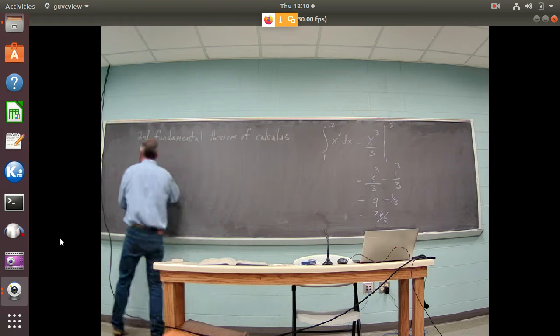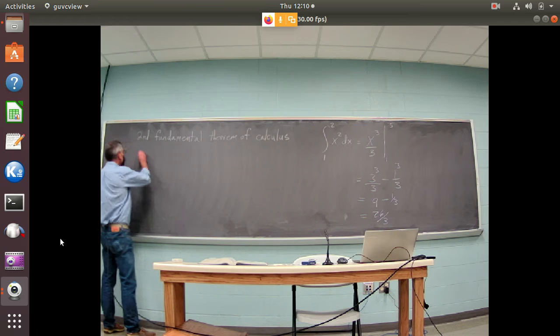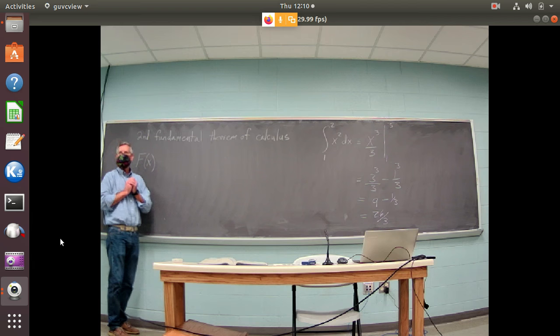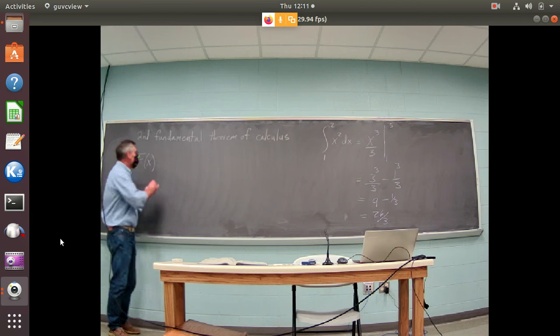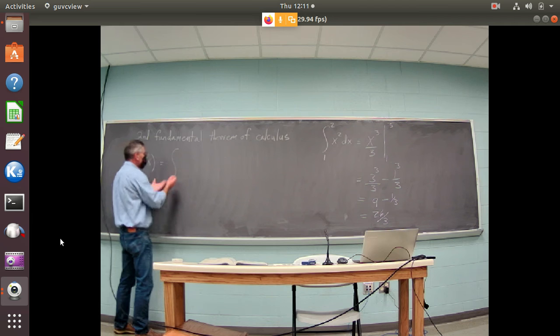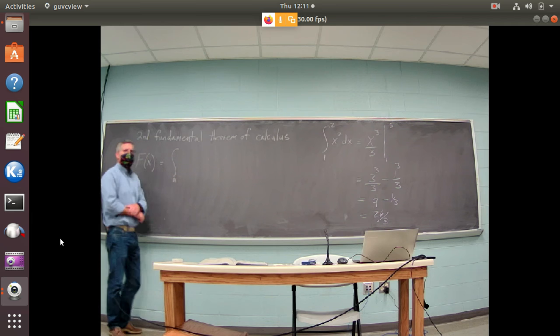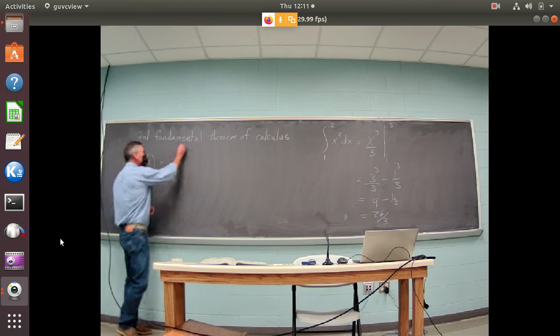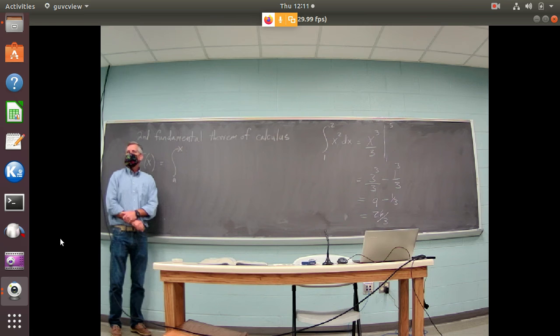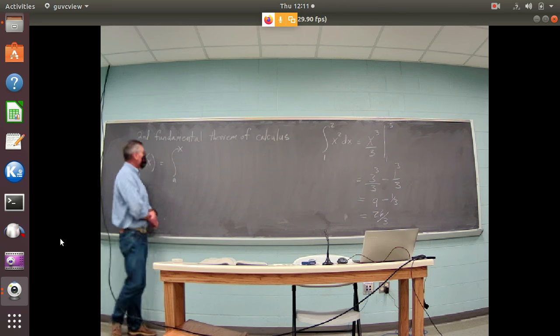Because I could define a function f of x like this by saying, well, I want a definite integral from a constant a up to some variable x.